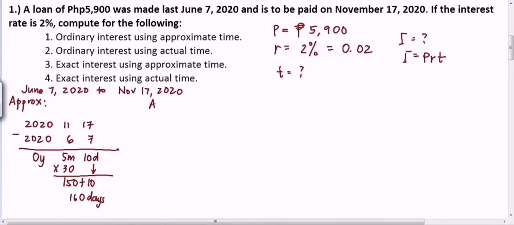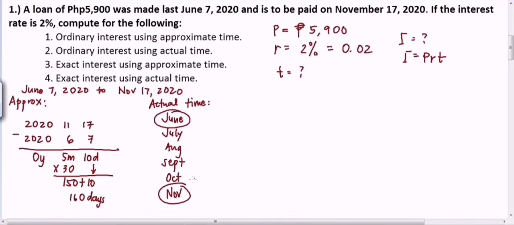Okay? Now, the actual time. So, computein natin yung actual time. Mag-start ako ng June. Okay? So, June, July, August, September, October, November. So, again, unahin yung nasa umpisa at saka yung nasa dulo. So, ang June, meron tayong 30 days sa June. So, i-minus ko itong binigay na 7 to get the days na nag-run yung utang niya.